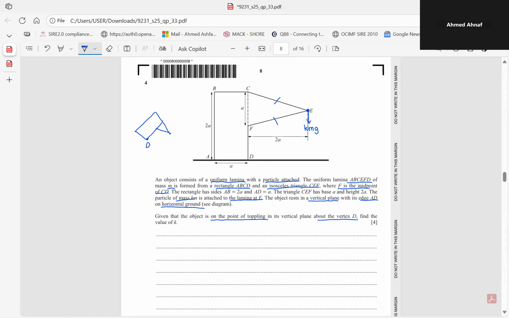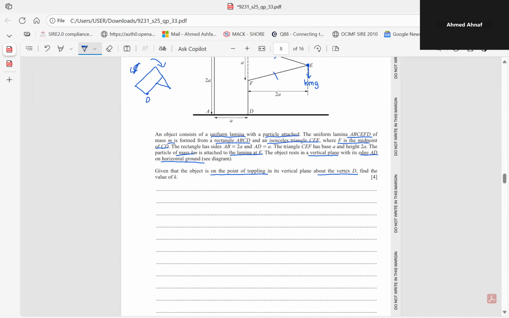This is the point D. It's going to go clockwise. Since it's on the point of toppling, they're just saying that it's in equilibrium, so the moments are balanced. We have to find the value of k.